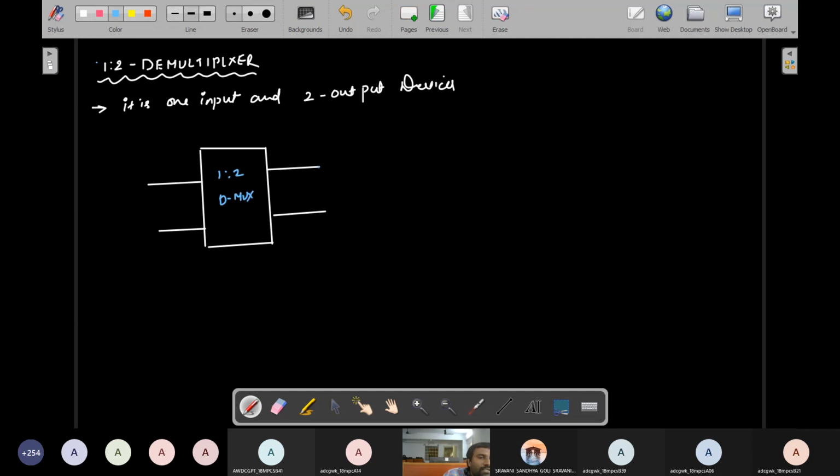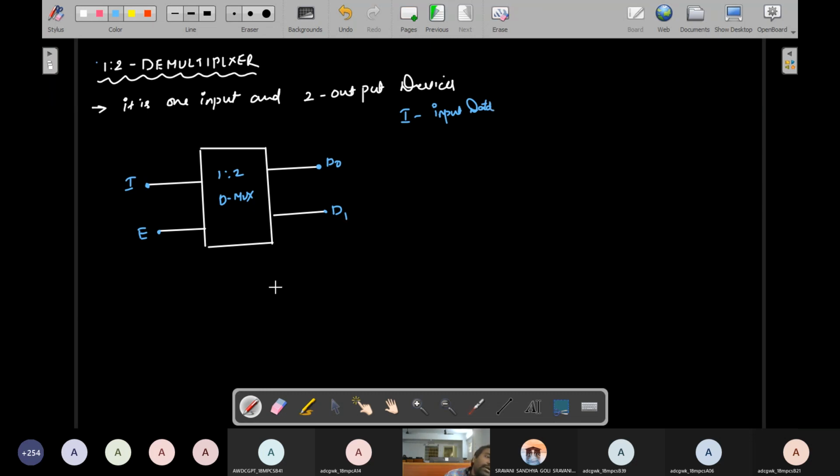These outputs are D0 and D1. This terminal is used for enable, meaning power supply, and this terminal is used for input data. So I represents the input data.